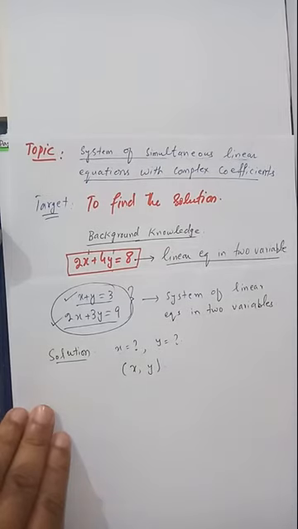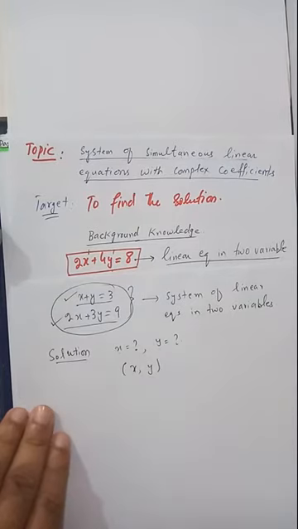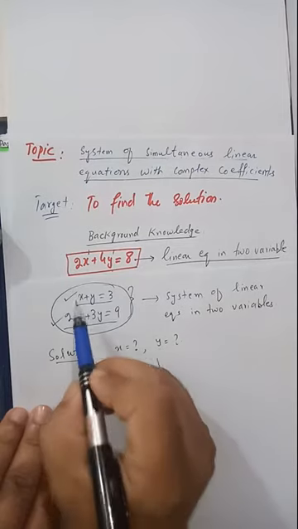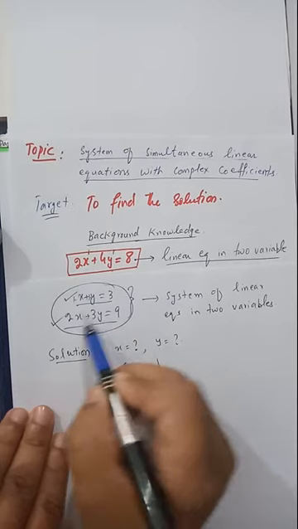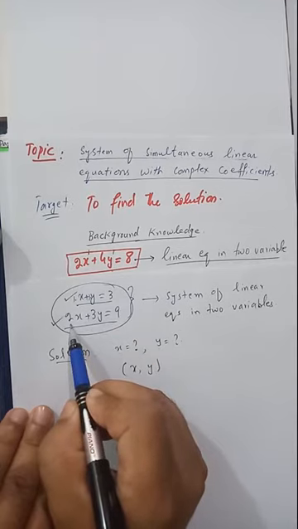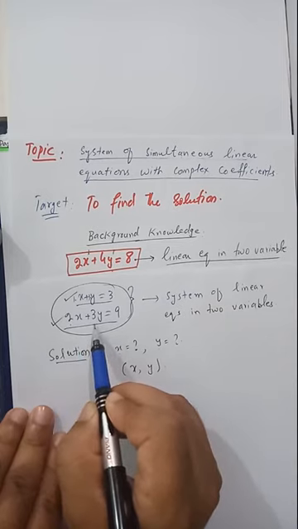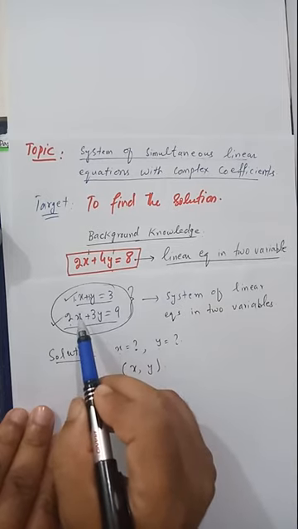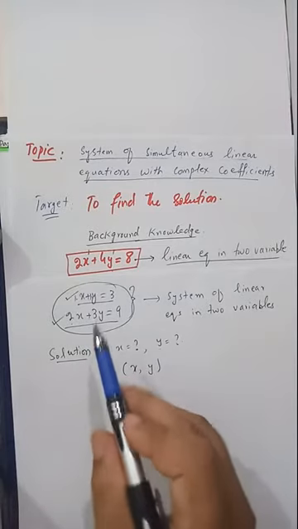Now if I find the solution of this system, for that I will use the equating coefficient method. In this case, you see that this is the coefficient of x, and this is the coefficient of y. The coefficient of x in equation 2 is 2, and the coefficient of y is 3. So I need to make the coefficient of one of the variables equal in this system.